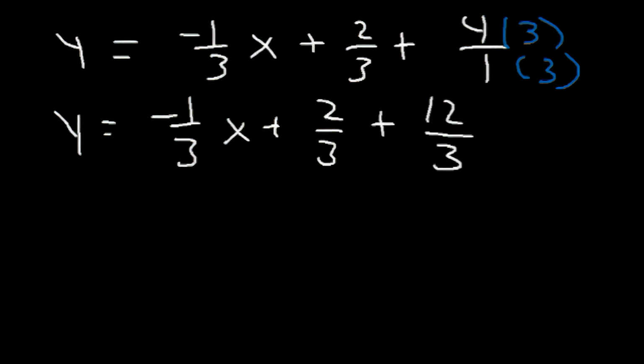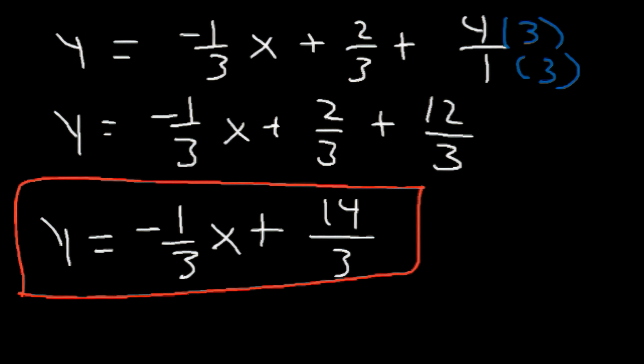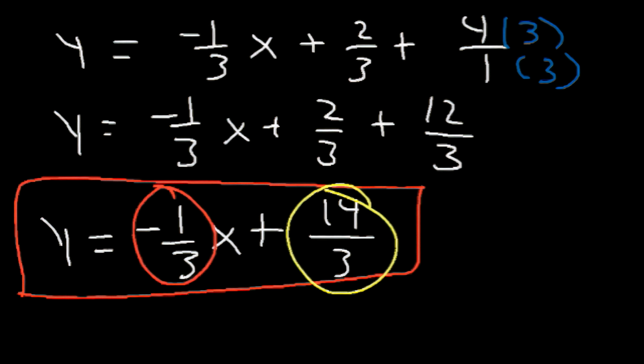So 2/3 plus 12/3 is 14/3. This is the final answer in slope-intercept form. You can see that the slope is negative 1/3 and the y-intercept is 14 over 3.